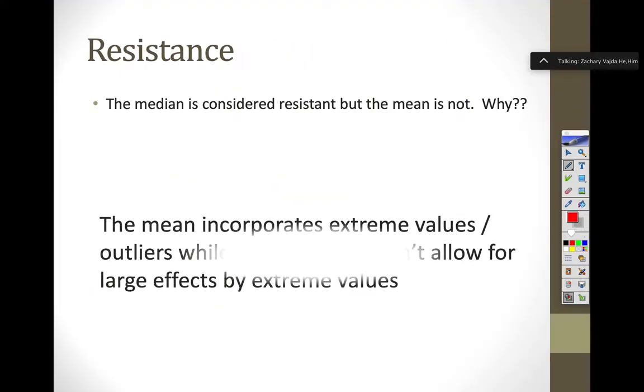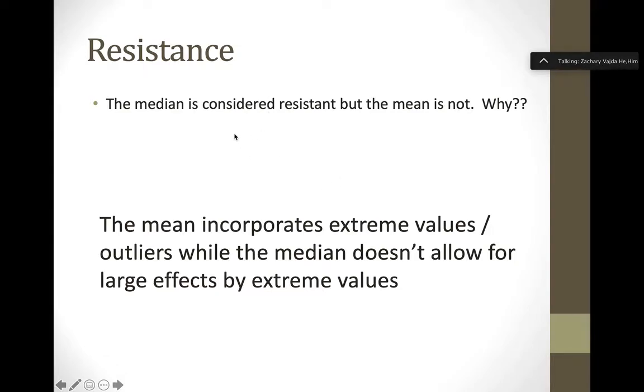So why do we have the mean and median? The mean and median exist because of what is called resistance. The median is considered resistant and the mean is not. I'll show you an example of why. If I was to think about five people's income in a small office, right? Let's say it's a doctor's office.